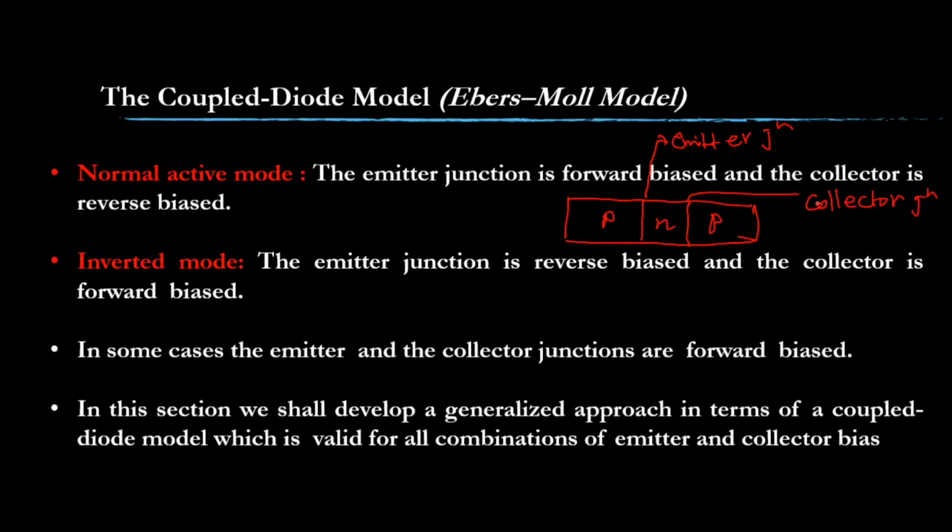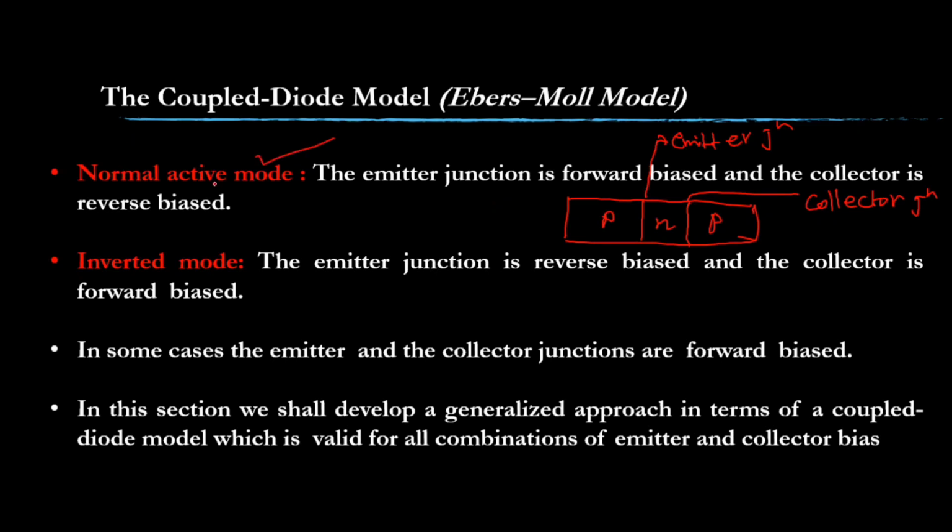These two junctions we already saw in the previous video. This junction is supposed to be forward biased and this junction is supposed to be reverse biased. If I maintain that biasing condition on the BJT, that mode is known as normal active mode.